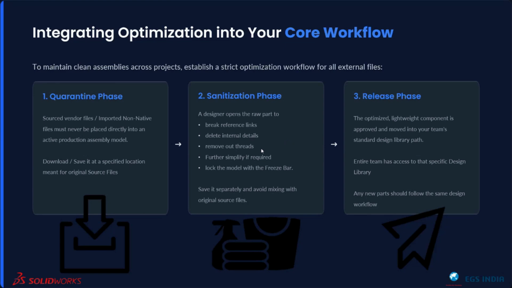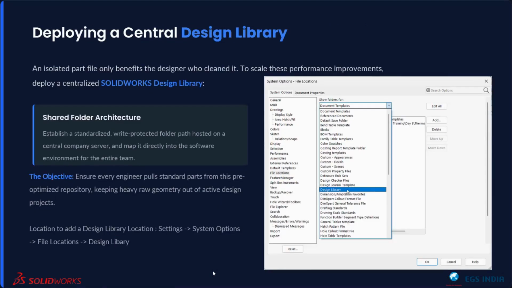So what is a design library? A design library is basically a common repository of files which the entire team will have access to. This can be set up like a shared folder where all the common files are going to be used directly from your design library.